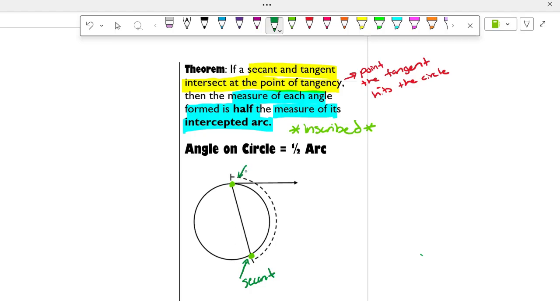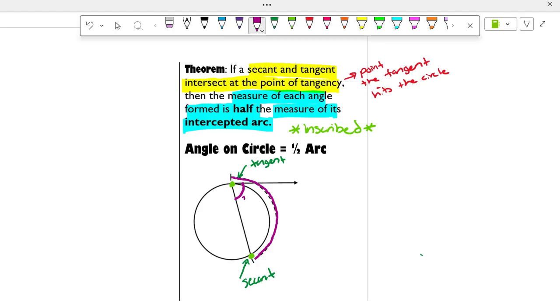This is the tangent. Specifically, this point is the point of tangency. This is the angle of which they speak. And then the arc is typically formed between these 2 points. And they're saying that whatever the angle of the circle is, it's going to be half that intercepted arc.